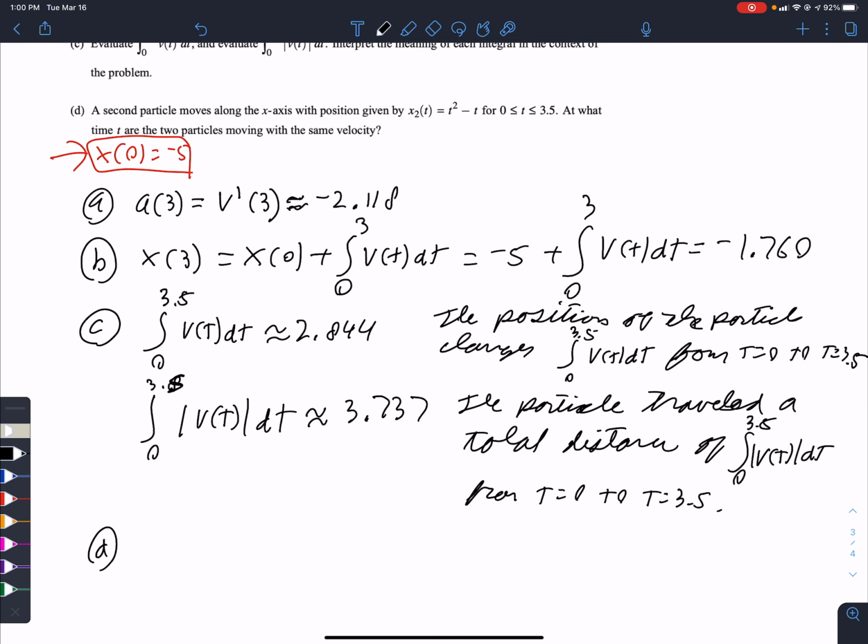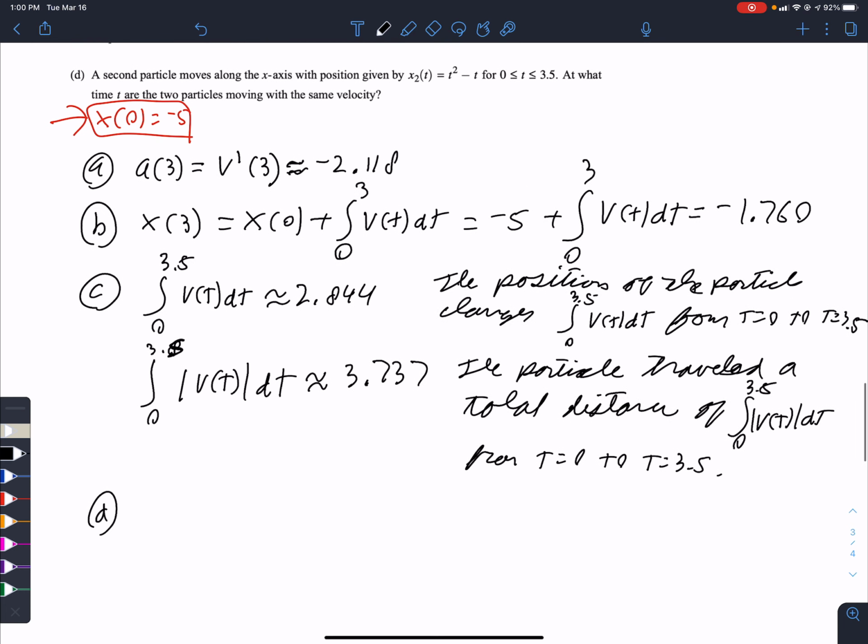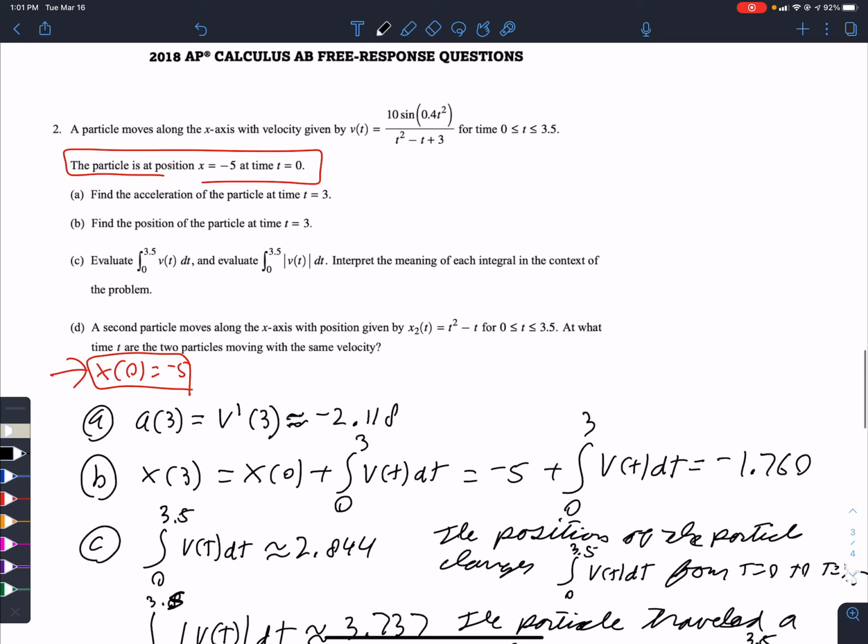At what time t are the two particles moving with the same velocity? So you would say v2 of t, I'm defining v2 of t as the derivative of x2 of t. Okay? v2 of t is the derivative of x2 of t, which is, what number is this?